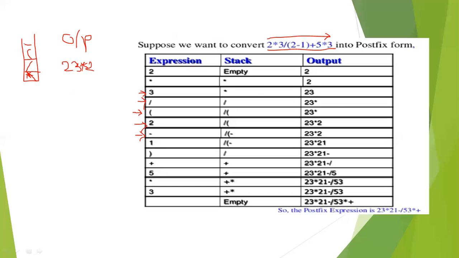So the minus sign is pushed onto the stack top. Now the next token is an operand, so we have to append it.